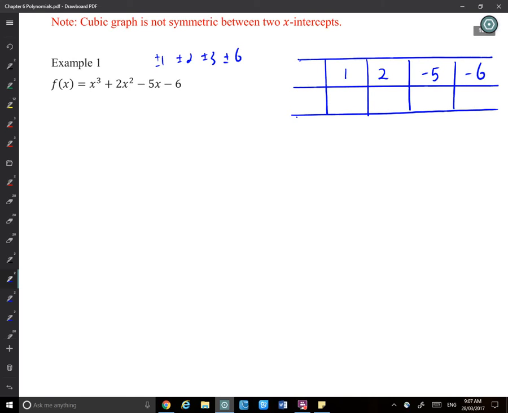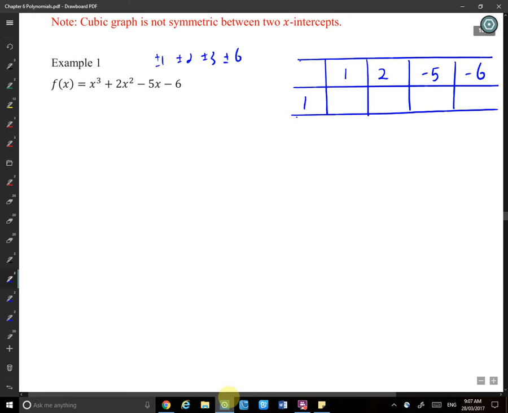Do you think 1 will work? Yes, because I have 1, 2, 5. I don't know 1 or -1, but the four numbers I have are 1, 2, 5, and 6. Okay, 1 and 5 can give me a 4. 2 and 6 can give me a 4. So it's very likely to work for 1 or negative 1. So I'll try 1 first.